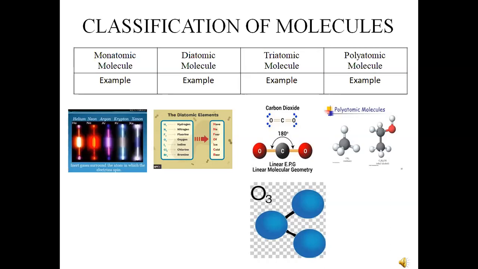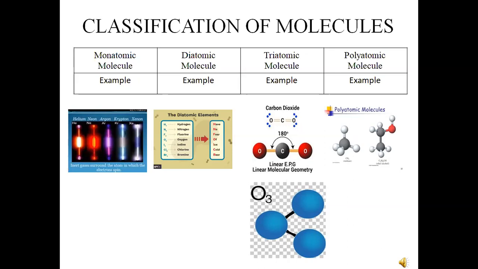Next one, diatomic molecules. For example, these are the diatomic molecules: hydrogen, nitrogen, fluorine, oxygen, chlorine, bromine. Have no fear of ice cold day. This is the first one, hydrogen. Second one, nitrogen.